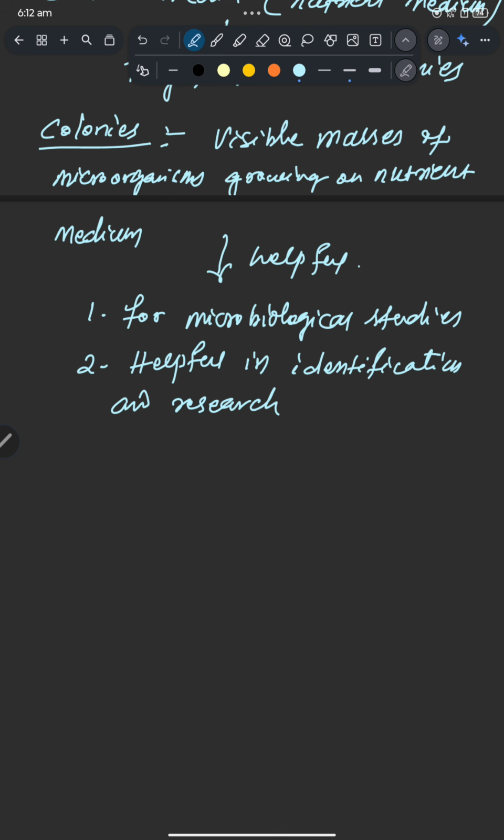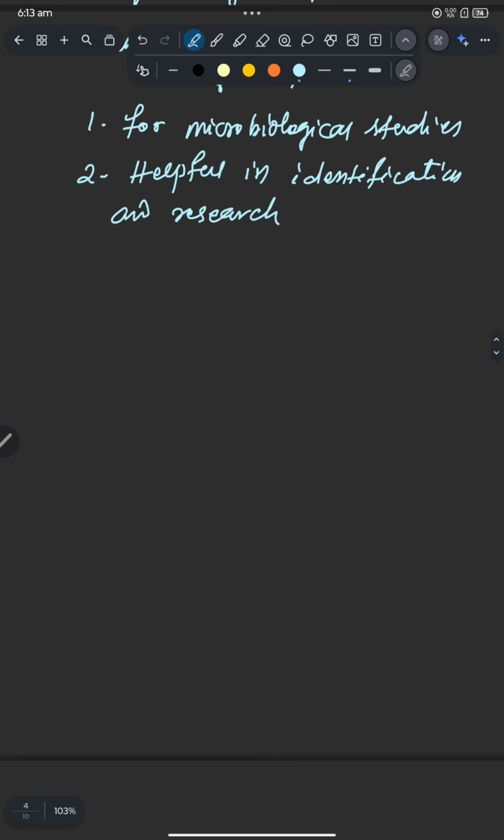And besides that, we can study their genetic material, their structures, their function, everything in the colony only. Okay. And formation of colony is also useful in research work.